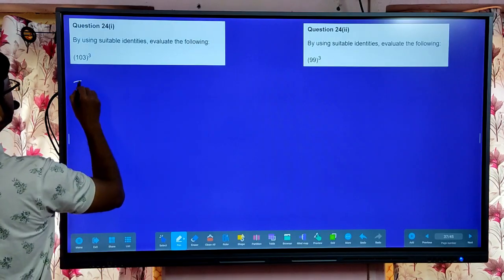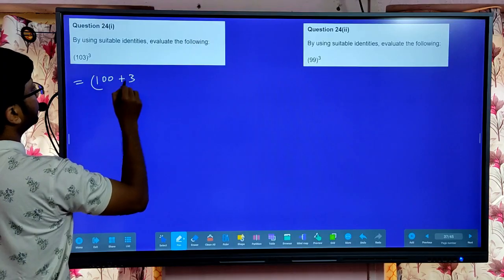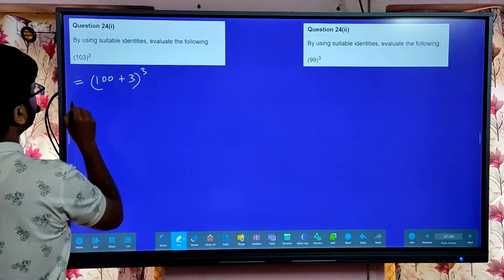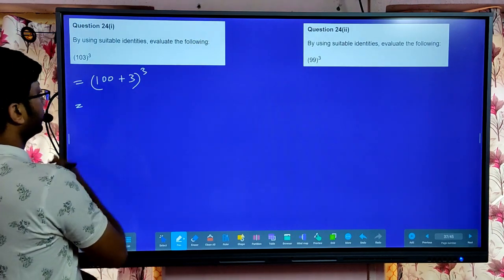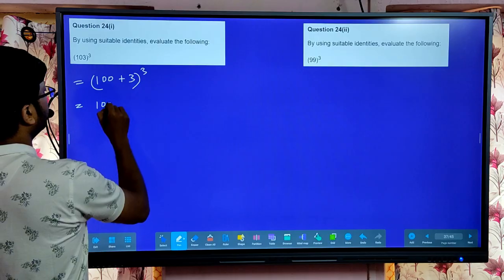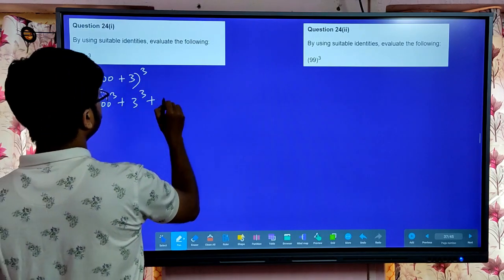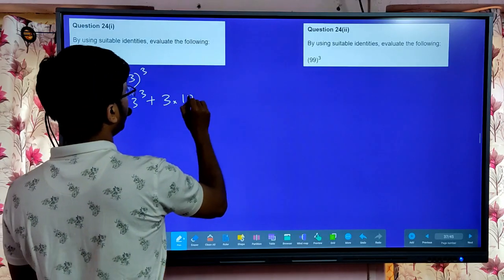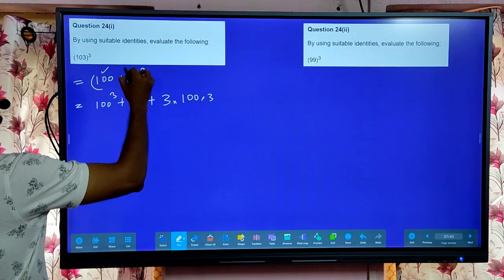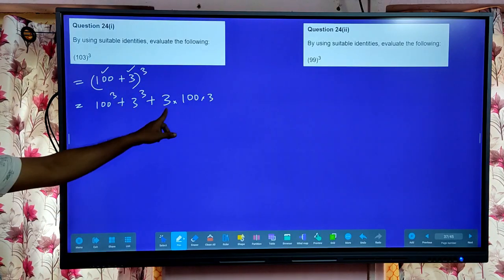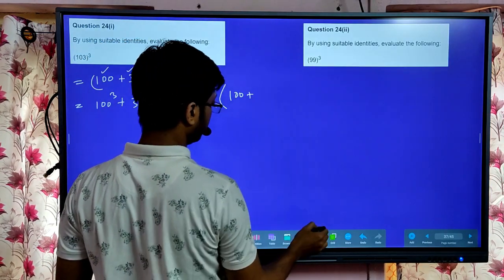103 whole cube. Now it is cube, so it will be 100 plus 3 whole cube. So use the formula a cube plus b cube plus 3ab, 3 into a into b. 100 is your a and 3 is your b. 3ab, a plus b, 100 plus 3.